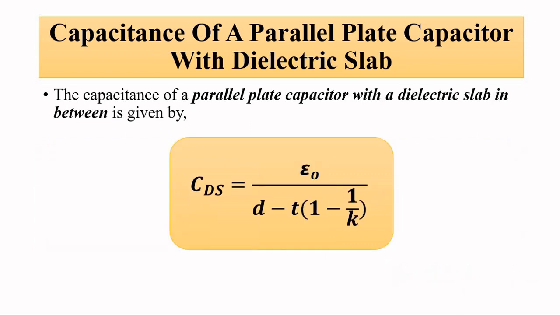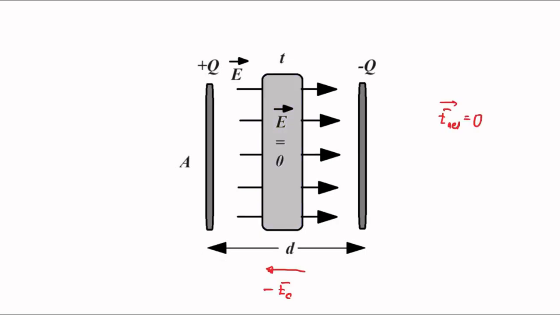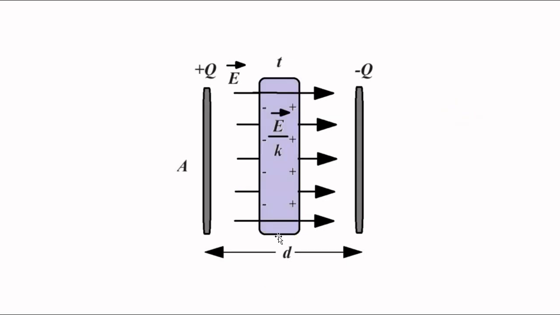Next arrangement is the capacitance of a parallel plate capacitor with a dielectric slab in between. In a dielectric slab, there are not a lot of free charge carriers, so there is much less movement of charge carriers as compared to a conducting slab. As a result, in this case also, the counter electric field, which will also act in the opposite direction, will be of less magnitude.